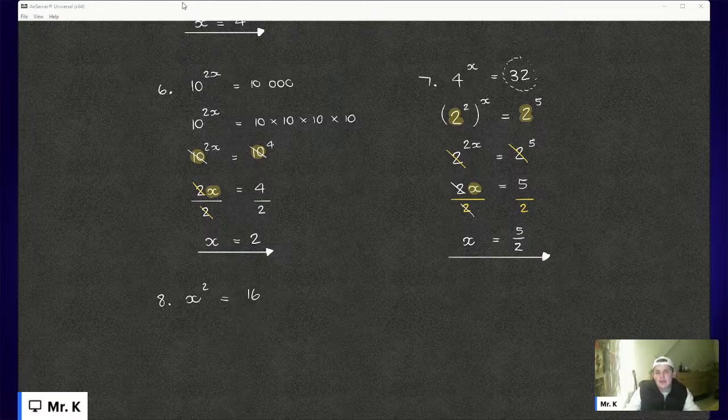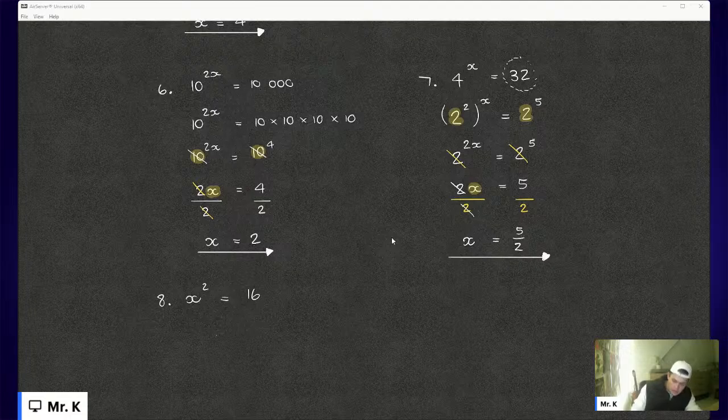This is not necessarily an example of an exponential equation, but we do have to worry about exponents and roots. So on the left-hand side, we have x squared, and on the right-hand side, we have 16.